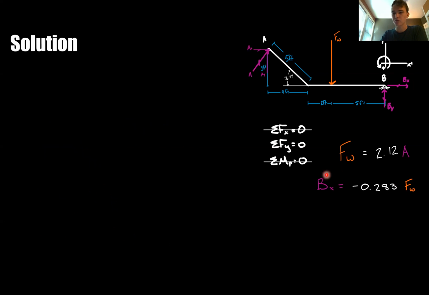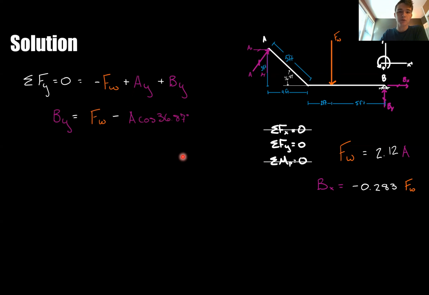Okay, so that was really good of us to do that, because now we have BX in terms of FW, which is what we're trying to find. So now we have our last equilibrium equation. We have FW acting in the negative y direction. We have both AY and BY acting positive. We're solving for BY, so we just rearrange our equation here, and we substitute AY for A times the cosine of the angle.